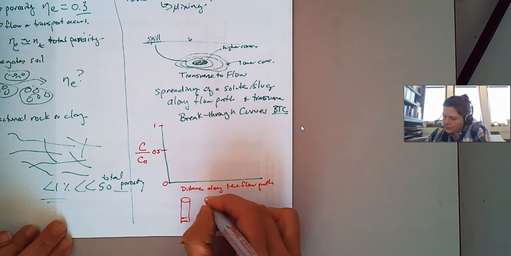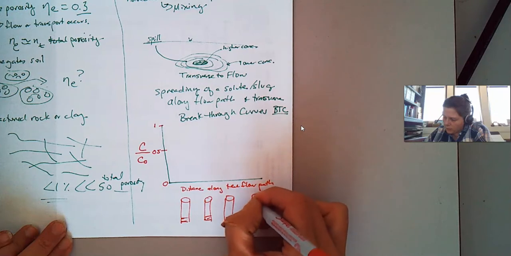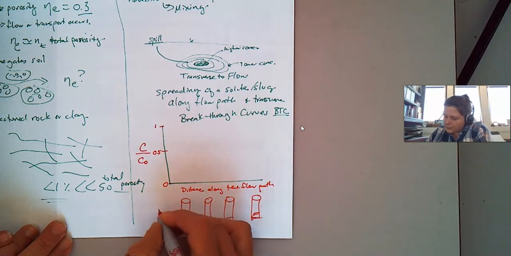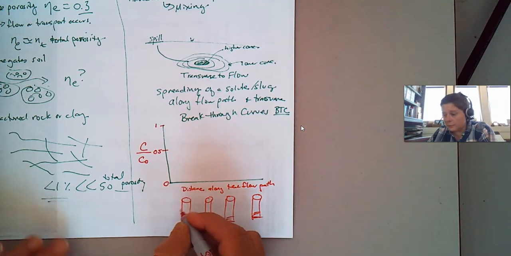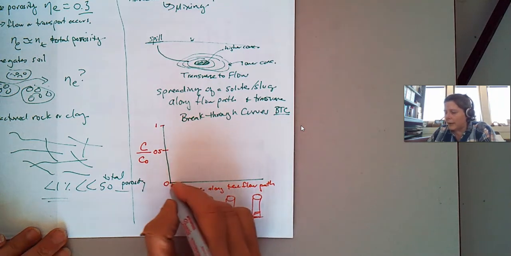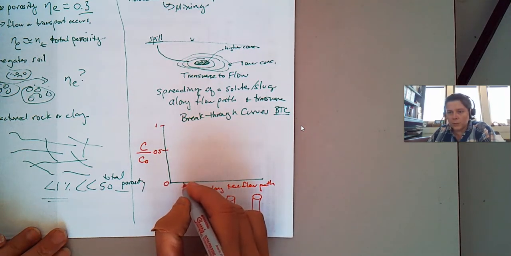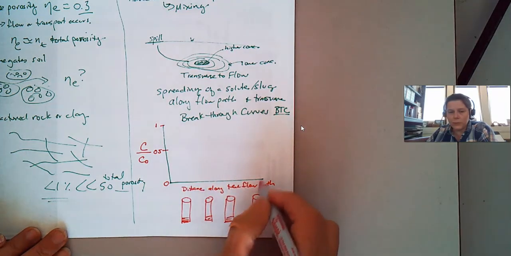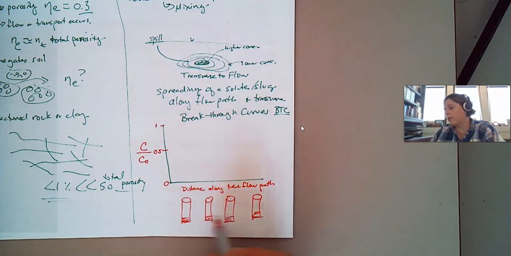Say we have a series of wells along the flow path, and there's a spill that occurs over here. The spill occurs right at this first well where we're measuring. This is what it'll look like. Then as we move down, it'll change as we move further and further away from where the spill occurred.